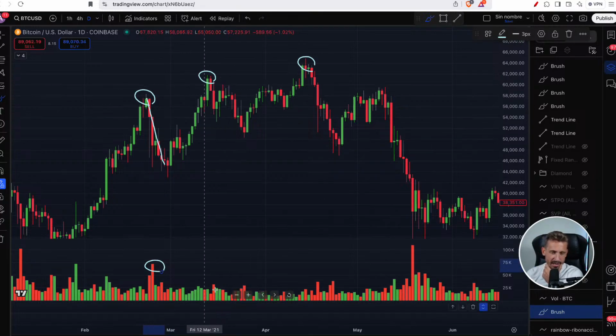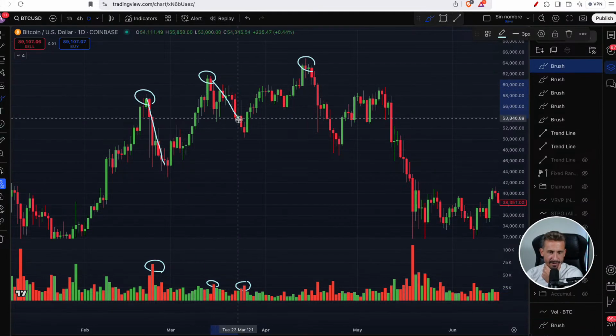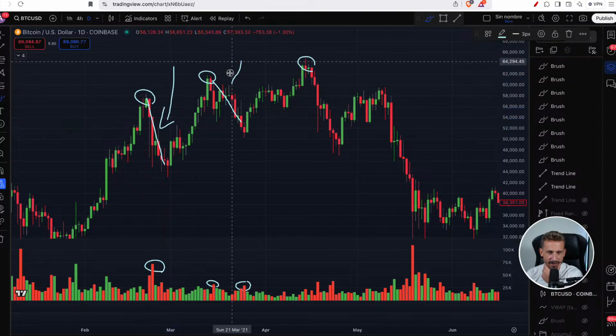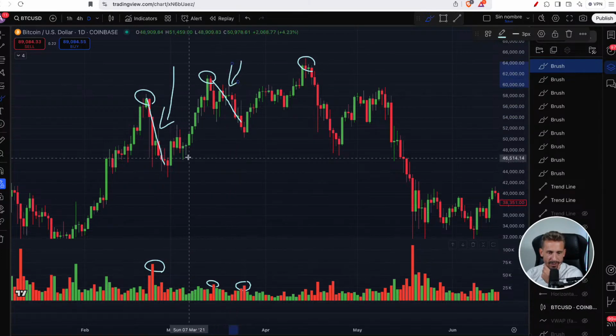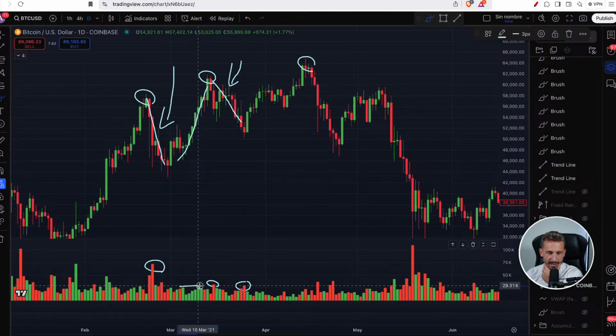Not too much on this side, but you do have the highest volume on the movement down. There is more volume on the movement down than on the movement up. Look at the volume on the movement up. It is below the red volume on the movement down.